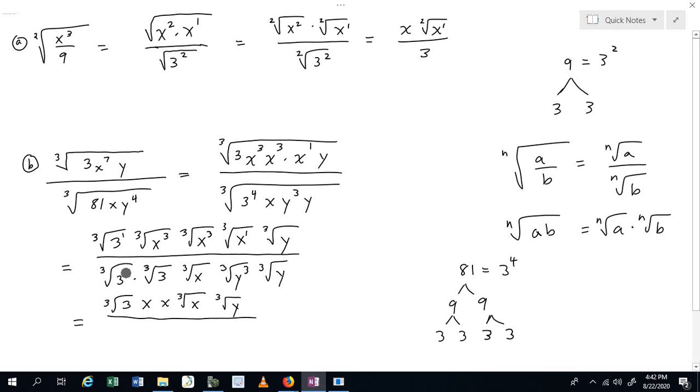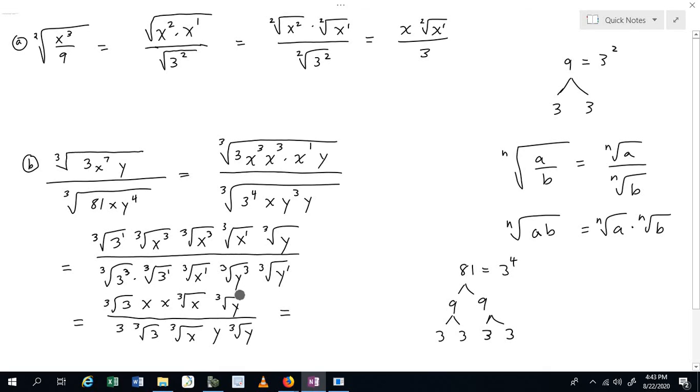Okay, down here, this can simplify to 3. This you can't simplify because the power is less than the index. So you just have to leave that as cube root of 3. Can't simplify this because this is power 1, which is less than the index. This one you can, that's just y. And then this one you can't because, again, the power here is less than the index. Okay, so that's how those would reduce.